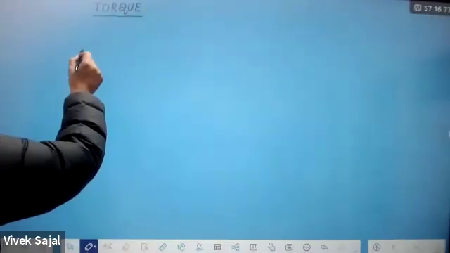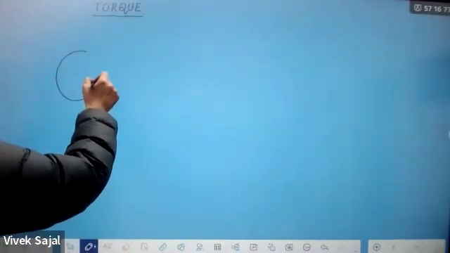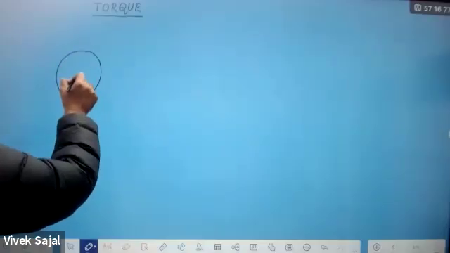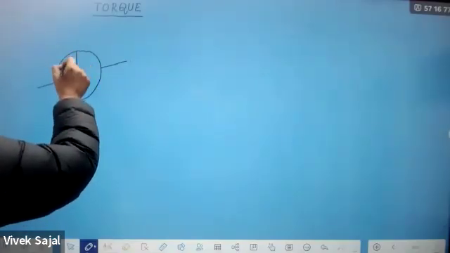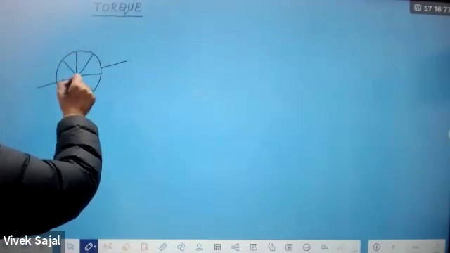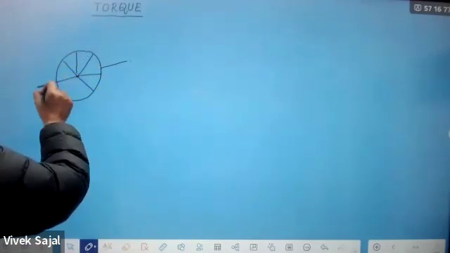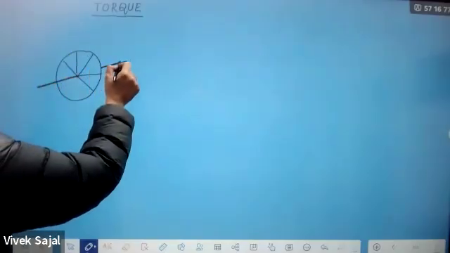So what is the meaning of torque? Suppose you are going to have this type of wheel, and it is pivoted about this axis. This is the axis about which this wheel can rotate.